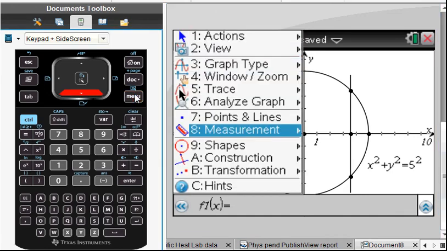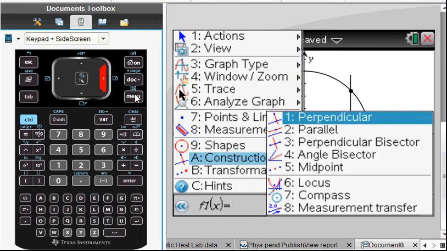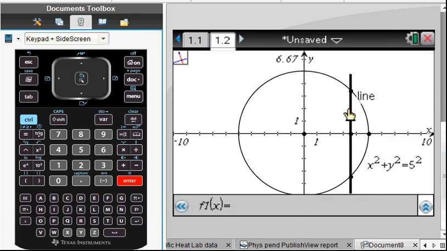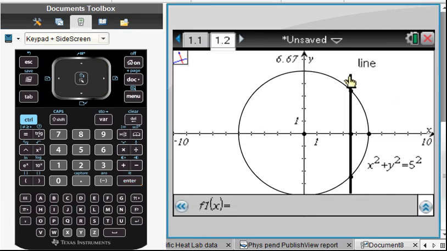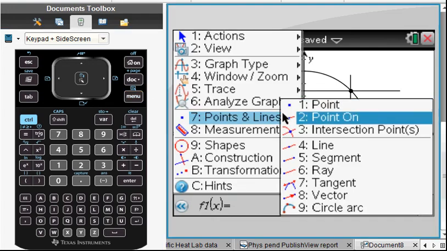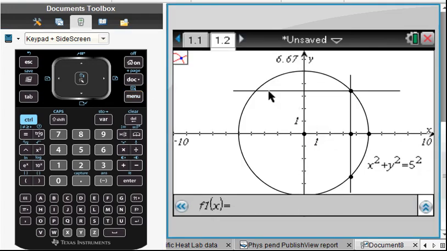And back at it with the construction of a perpendicular. There we go. I could make this longer, and there we can have a nice rectangle coming right up. Let's do the intersection one more time. There it is.